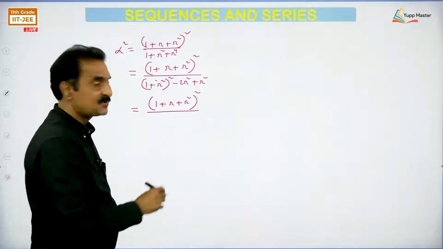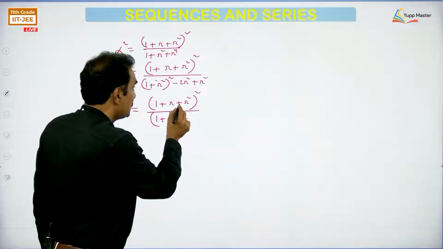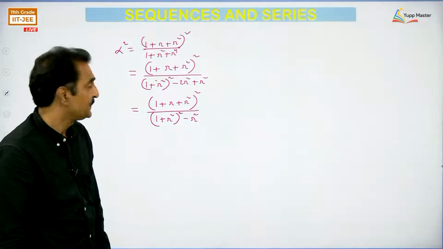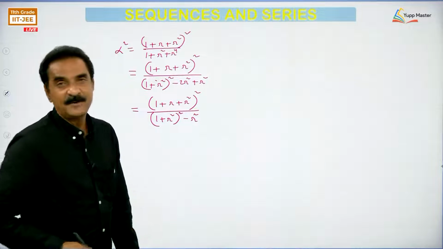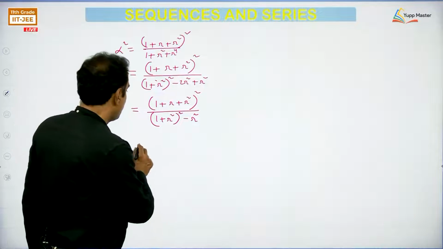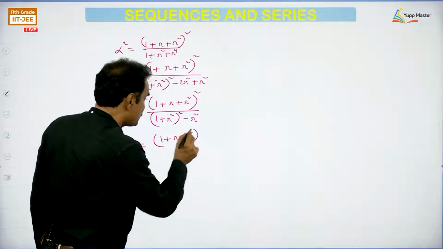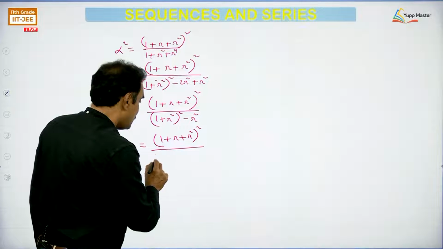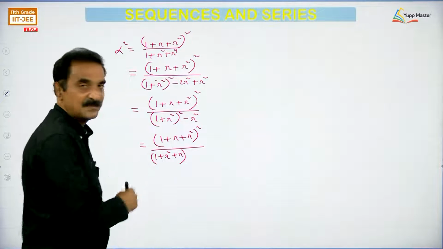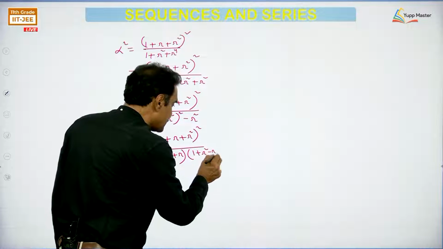One plus r square whole square minus 2r square plus r square is minus r square. Alright. Now denominator can be factorized. A square minus b square is a plus b into a minus b. So we get 1 plus r square whole square upon 1 plus r square plus r into 1 plus r square minus r.